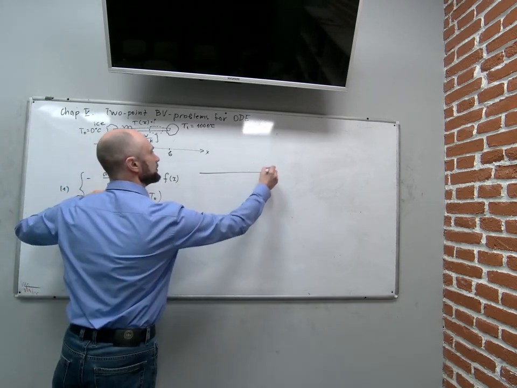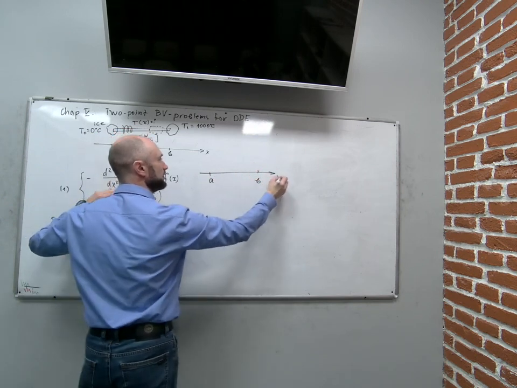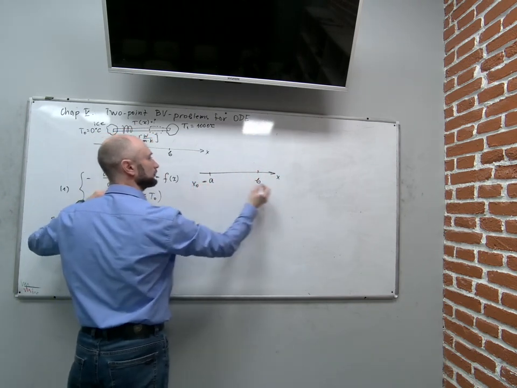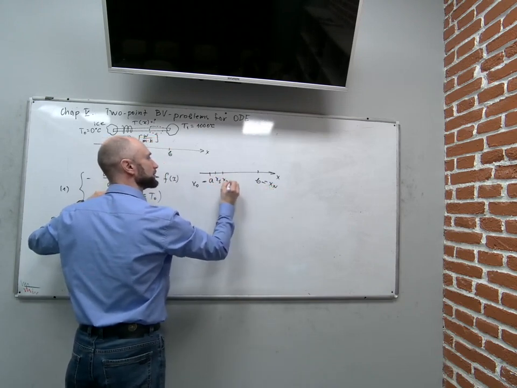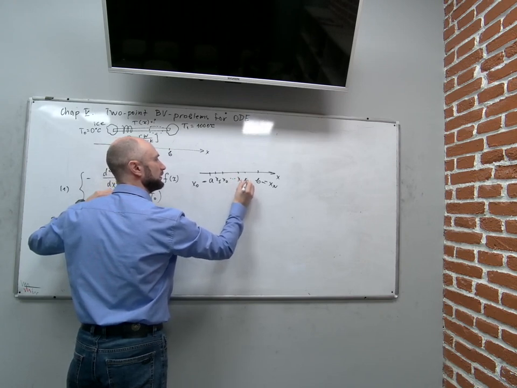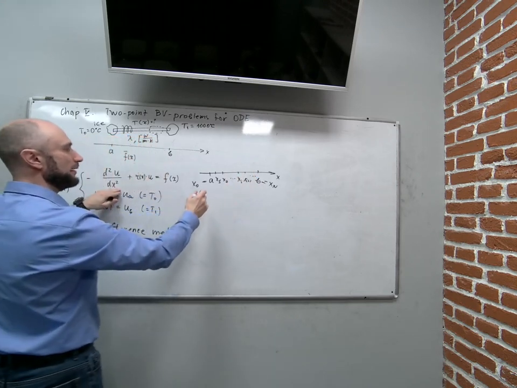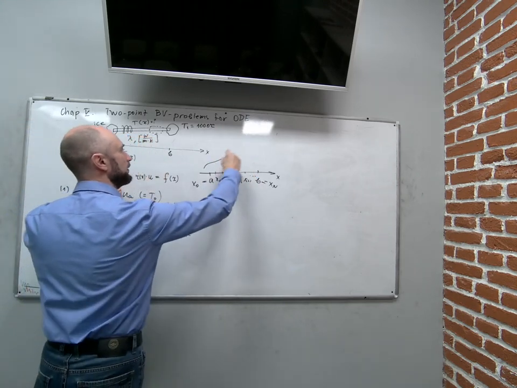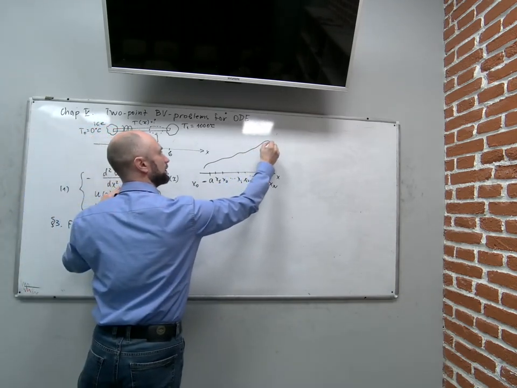So if we introduce a mesh on A, B, x1, x2, and so on, xi plus 1, and so on. So we have a mesh, and we have some function u of x that we don't know.